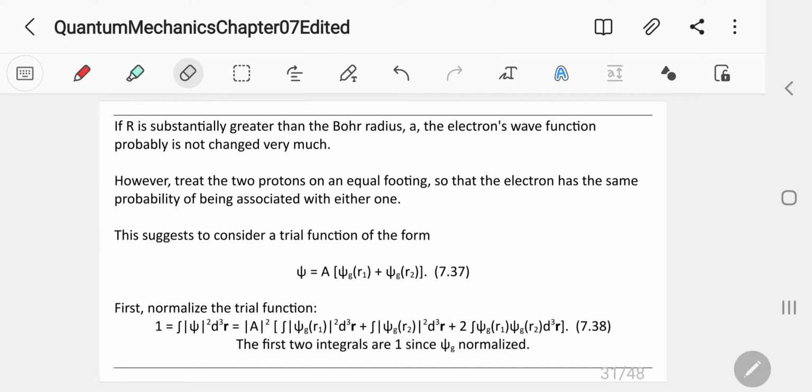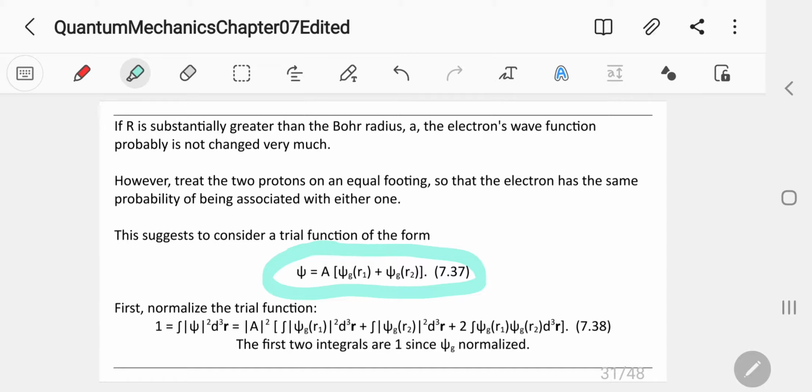Also, in this problem, you can treat the two protons equally, so that one could assume the electron, and then you can construct a trial function of the form this psi.